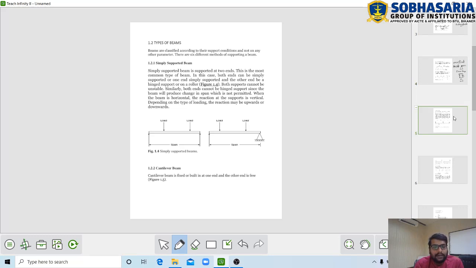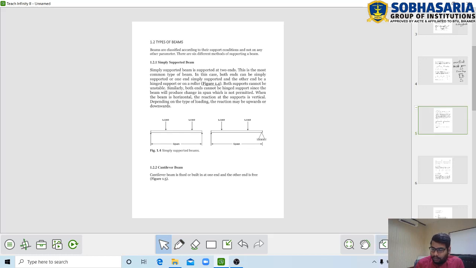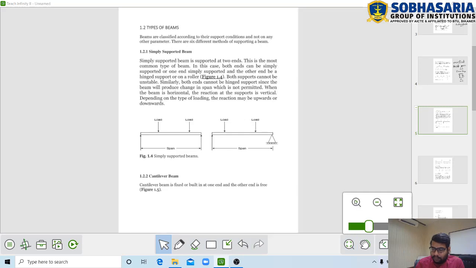Okay, now we can see the types of beams. So we can see here, this is a simply supported beam.